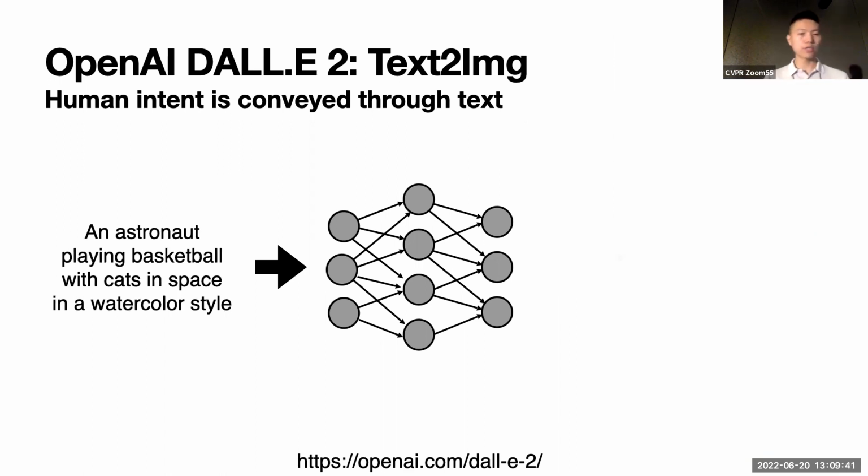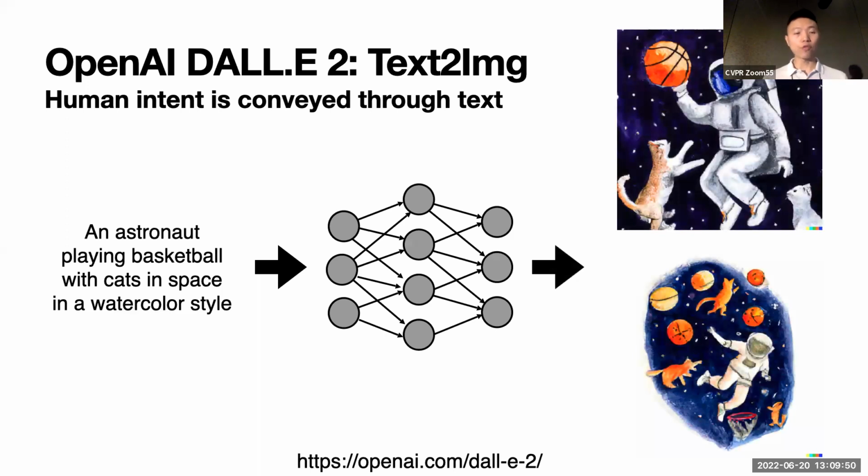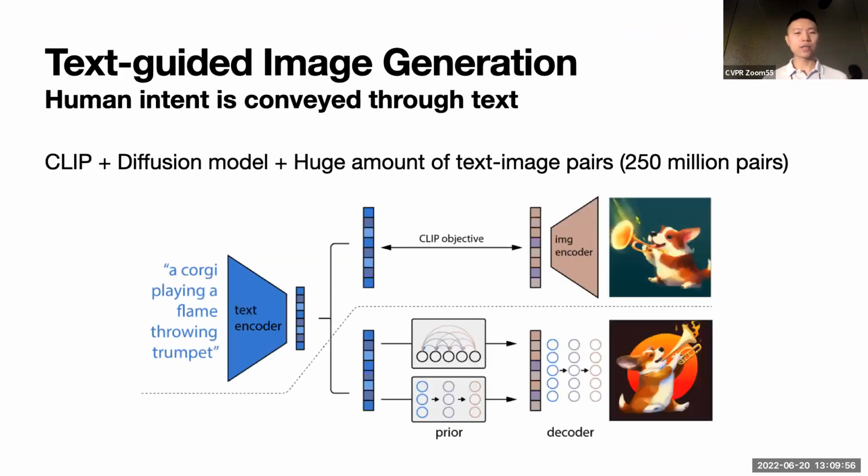You can also change to another input, "an astronaut playing basketball with cats in space in watercolor style," that can generate this very beautiful watercolor style image. So this kind of text-guided image generation really allows humans to input their intent to the generative model using text.